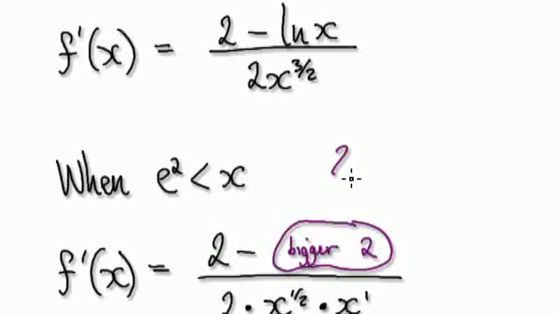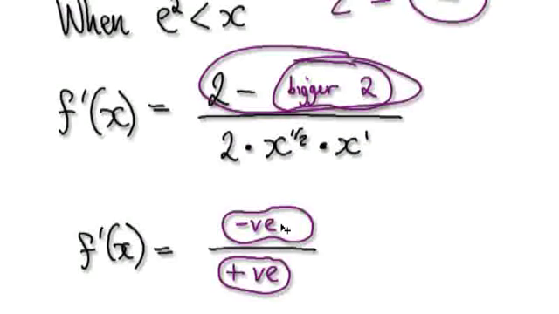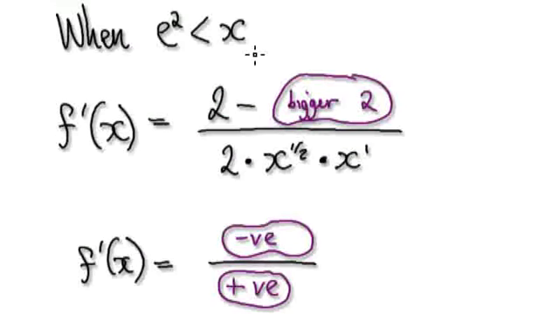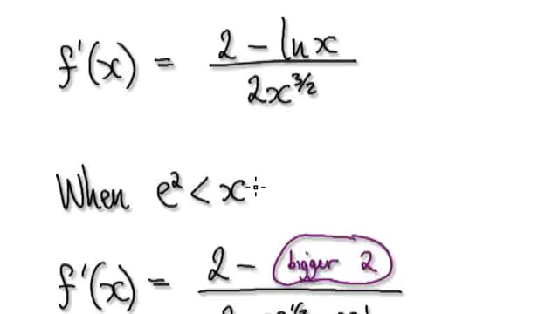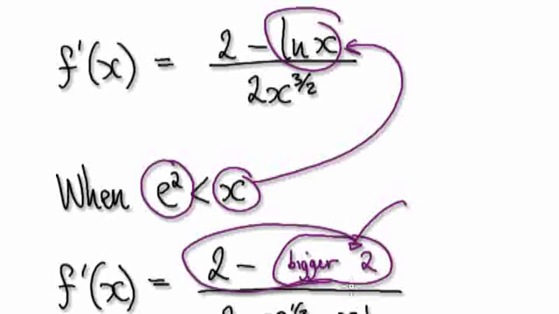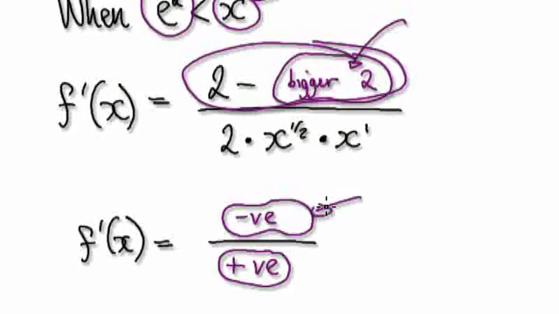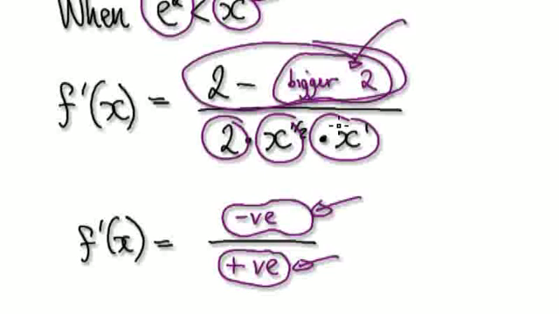Now you've got 2 take away a number that's bigger than 2, so overall this will be a negative number. That would be a negative over a positive, because all these would be positive.